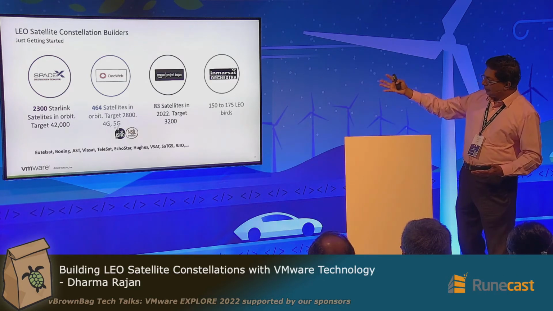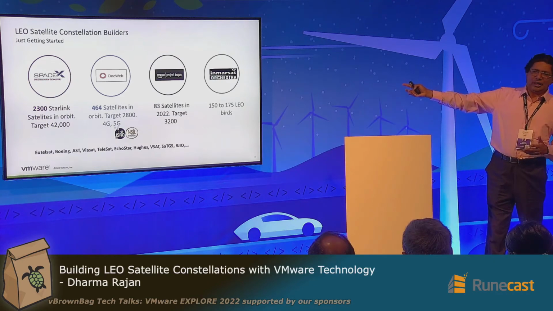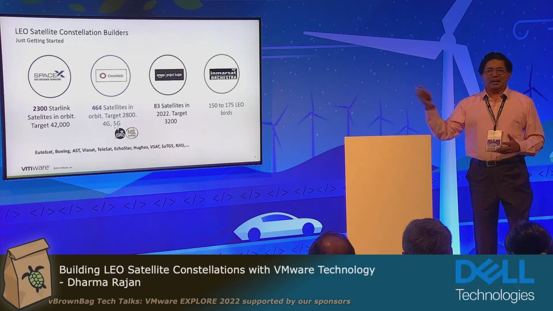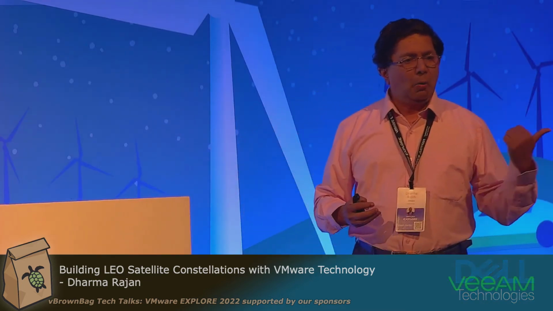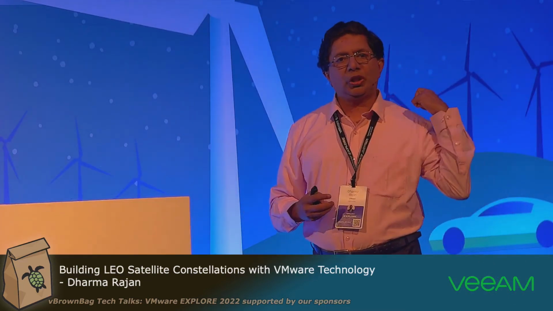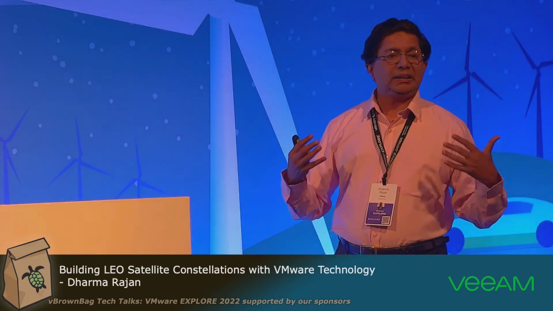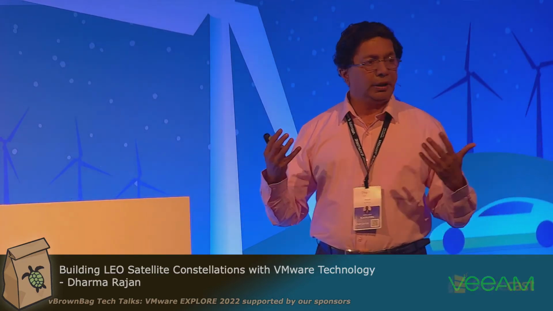When I presented this session in the US, that number was 430, and now it is 464. They have a collaboration both with Telefonica as well as with the Indian Space Research Organization, where in one go, they were able to launch 36 satellites. So that is the volume at which these satellites are being launched.